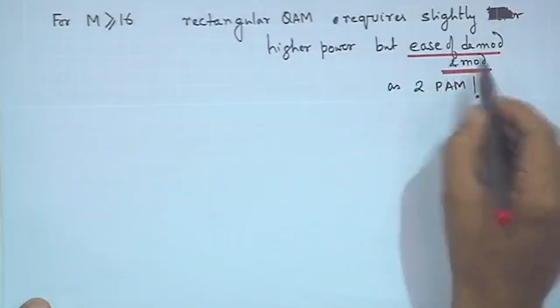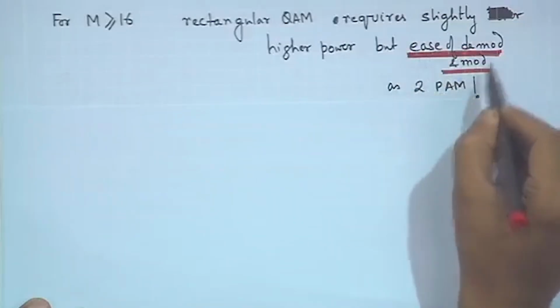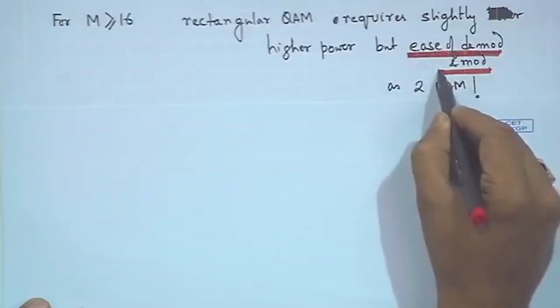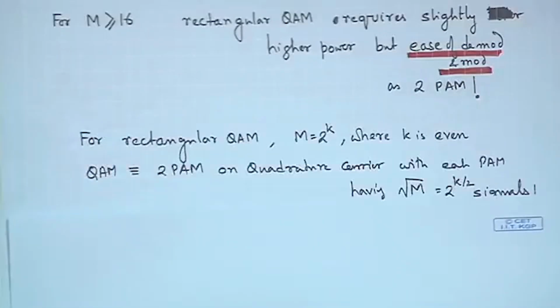All we are trying to say is that if you are using rectangular QAM, the extra amount of power compared to the best constellation in terms of minimum power would be only slightly more, and we are willing to pay this extra price, because we have a huge advantage in terms of ease of demodulation, since demodulation also requires some processing power. So, we would like to reduce on that front and make algorithms much simpler.